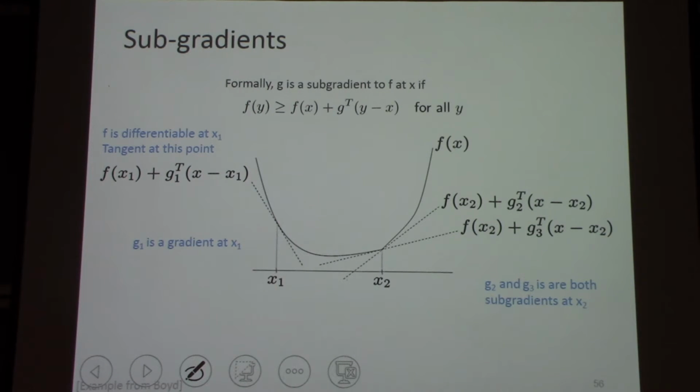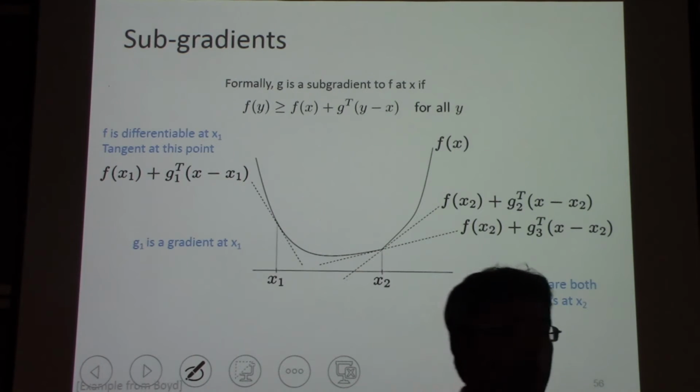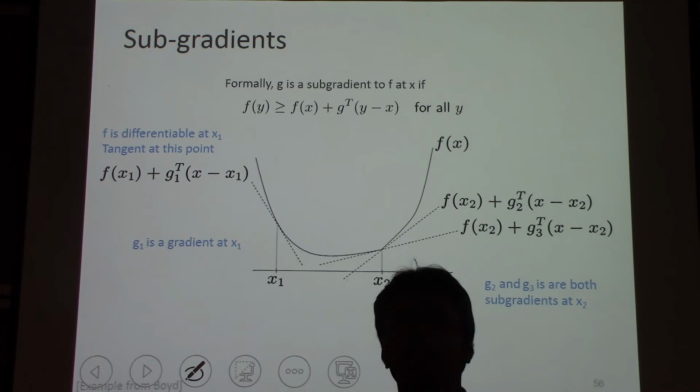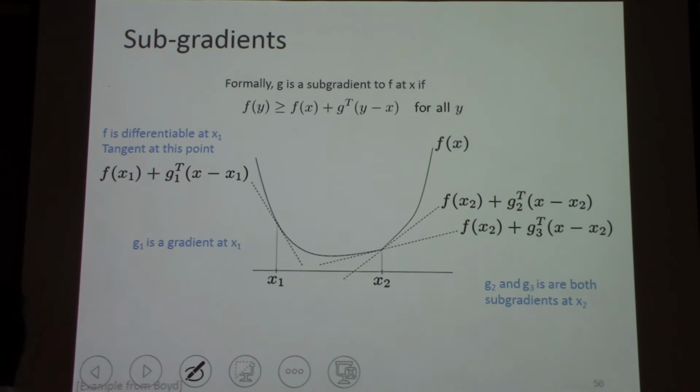Let's consider this function here, f, and it turns out it is differentiable everywhere except at this point x2. At all other points, there's only one subtangent, which is the tangent. In fact, this function is also convex. At all other points except x2, there's only one line that touches the function and lies below it, and that's the tangent. So the subgradient at every point except x2 is a set containing one element, which is the gradient.